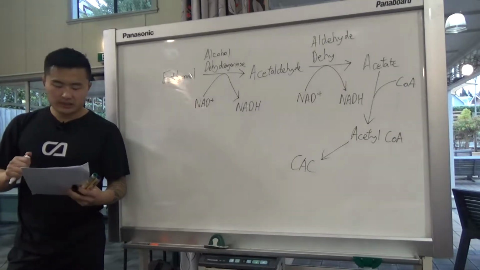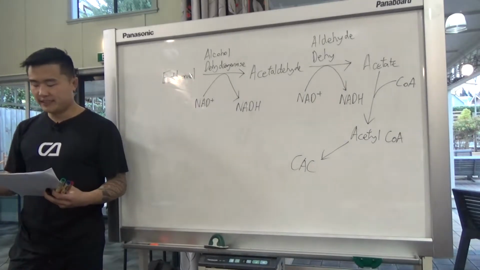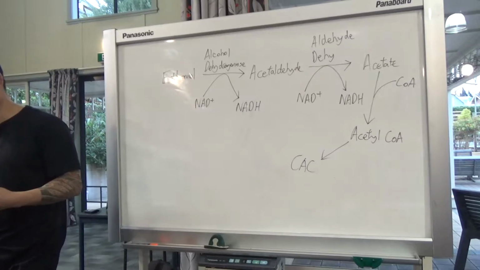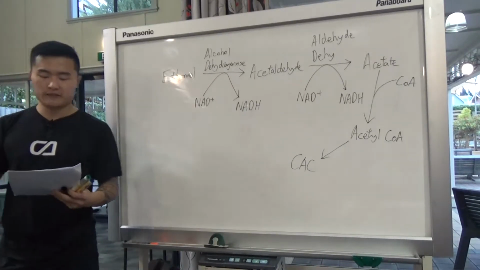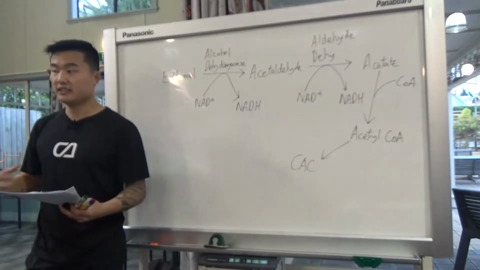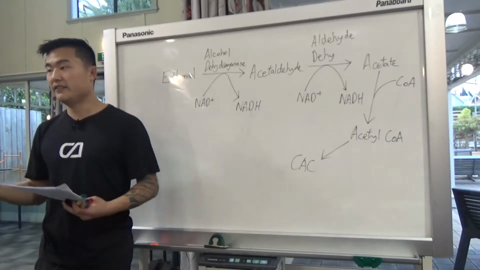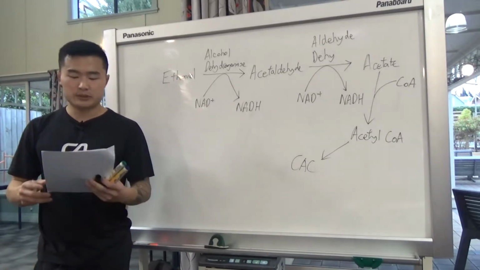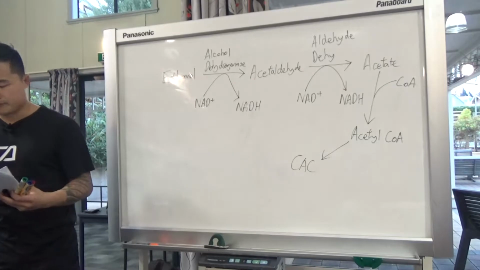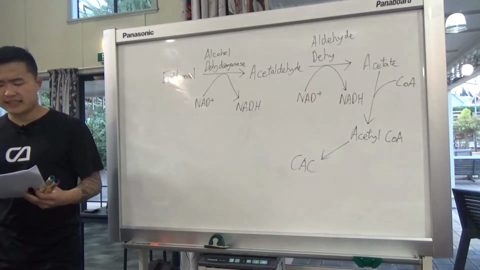So the electron transport chain is going to be inhibited since there is enough ATP. Remember that the goal of the electron transport chain and the citric acid cycle is to create ATP, and if you have enough ATP, you're going to start to slow down the electron transport chain and your citric acid cycle.